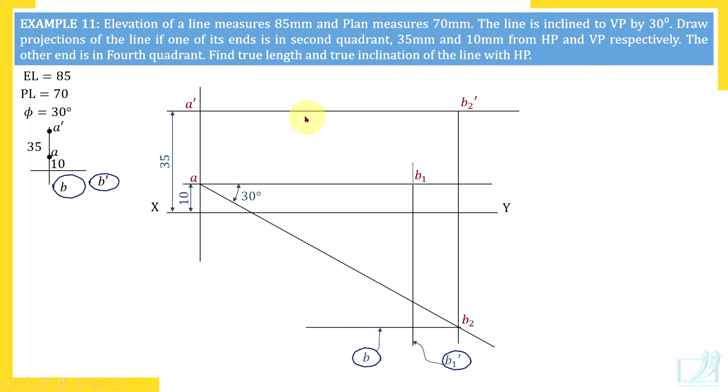It is EL, 85 millimeters. Which other view has the length EL? A dash B dash. Now, is there any vertical or horizontal line for B dash? So, no. Right now EL is not available for rotation. If you start rotating A dash B2 dash at this stage, you will get a circle but not B dash.